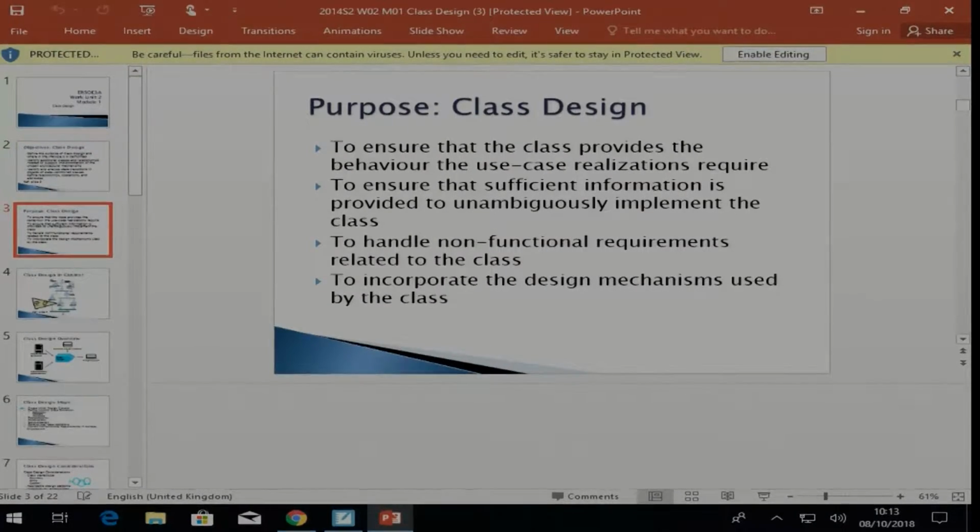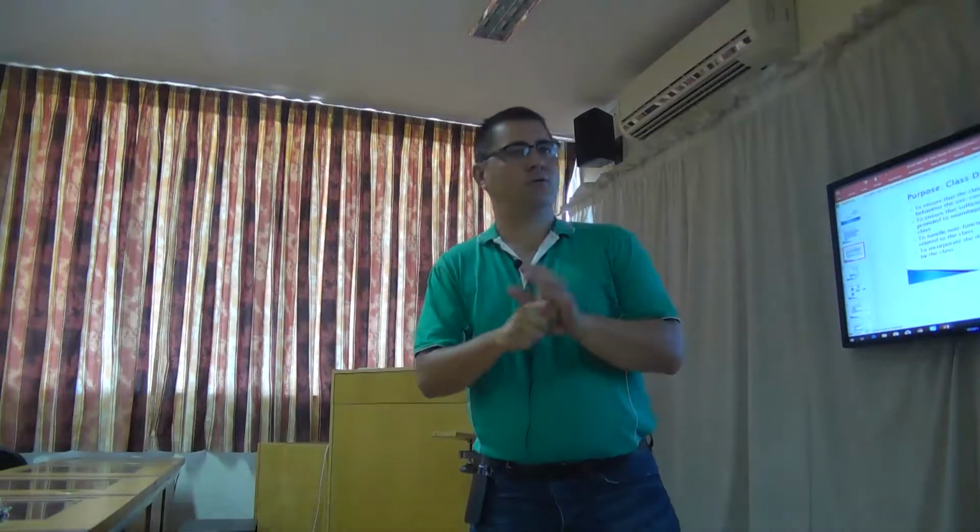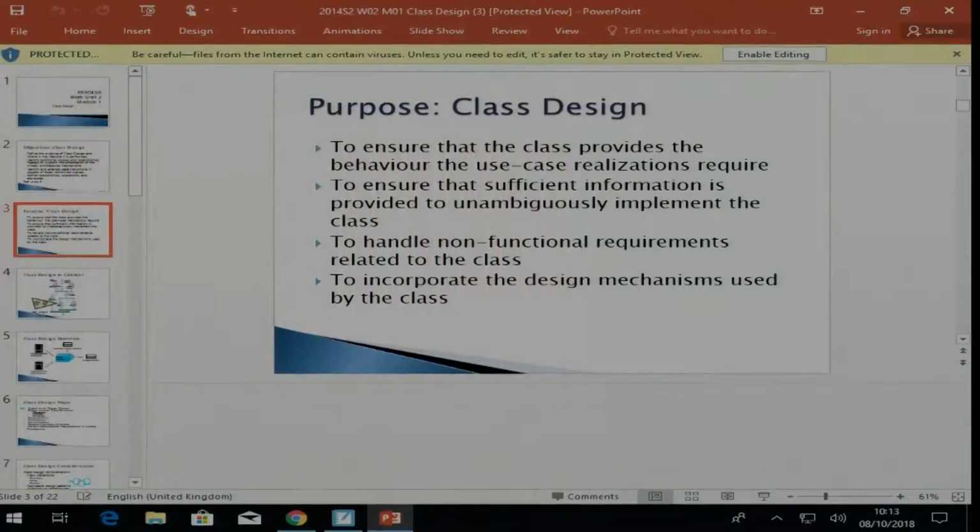So the purpose of this, what they are saying to us here, is to ensure that the classes provide the behavior the use case realizations require. Okay? In essence it means that we need to look at our sequence diagrams and see that this operation that I have here can perform what is required of it.